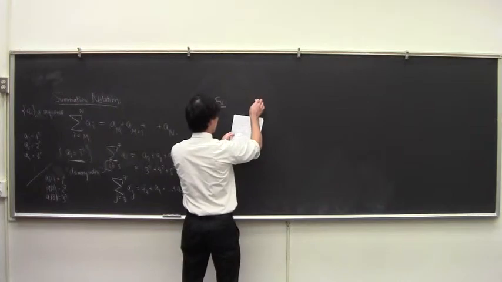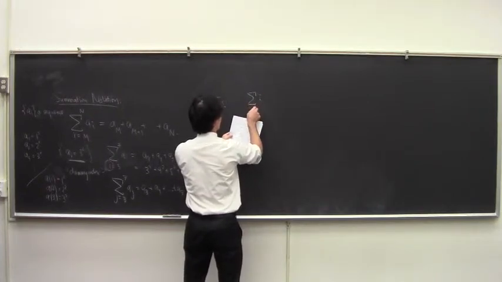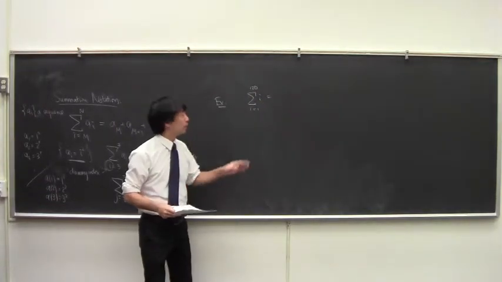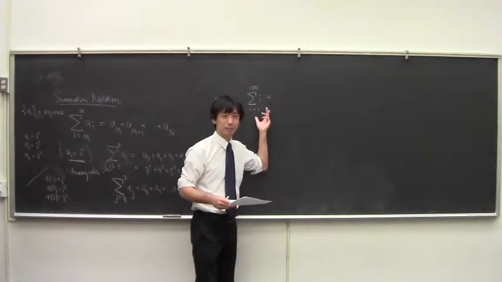Okay. Some other examples. If I write something like summation I equals 1 to 100, what do you think that means?